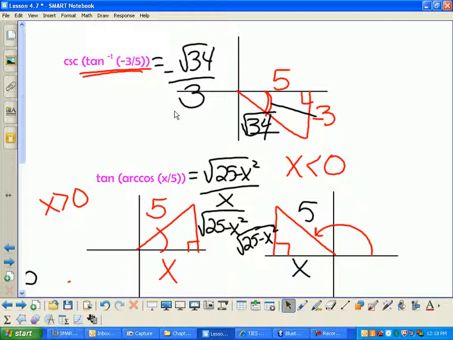And in this quadrant, tangent certainly should be negative, because the square root always gives you positives and this is negative, so the tangent value is a positive divided by negative, which is negative, which in fact it should be in this quadrant. So yes, the tangent value is negative.